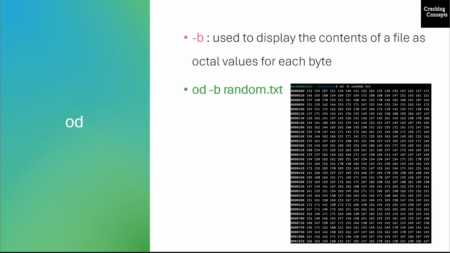Some of the options being -b, which is used to display the contents of a file as octal values for each byte. Command is od -b, the name of the text file, random.txt. So these are the octal values.